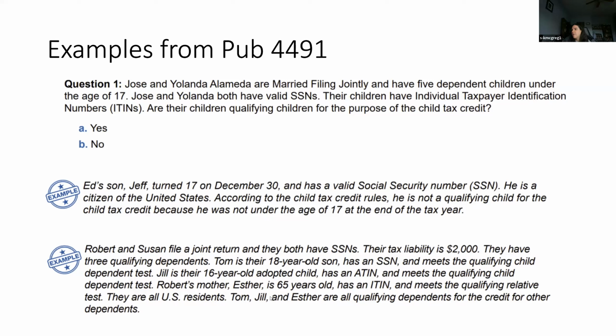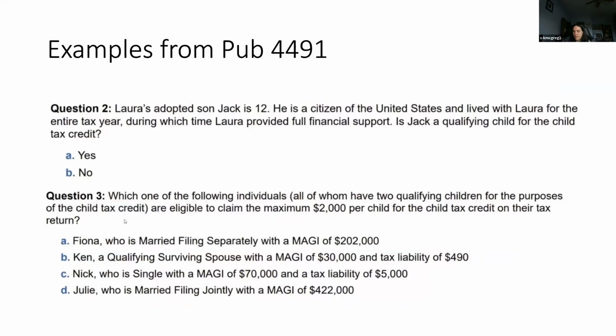So they can claim them all, but they're all qualifying relatives other than Jill because of age and how their relationship is. But they can take the credit for other dependents for all of them.